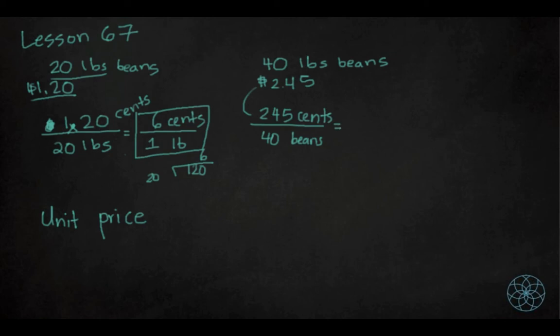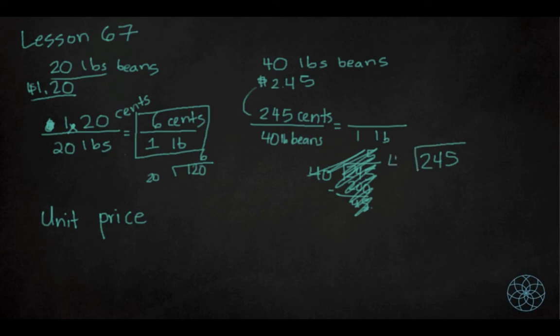And let's also calculate the unit price for this situation. So how much would 1 pound of beans cost? Well, okay, so we would cross multiply. 245 times 1 is 245. And then we need to divide that by 40. And that would be, we get into decimals here.